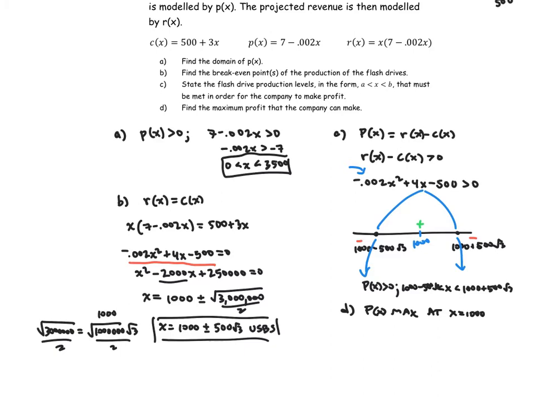Technically you should probably take the derivative of P of X, find where it equals 0, show it's a maximum. I'm not doing that here. You can do that on your own. But P of 1,000, if I use my calculator, comes out to be 1,500. I don't know if that's dollars, euros, protein bars. I don't even know. But I know that that's our max profit in whatever units that is.